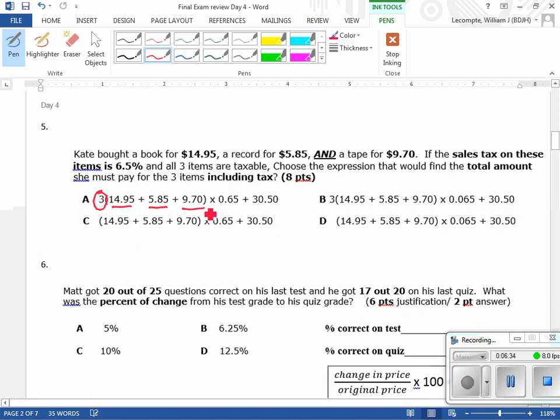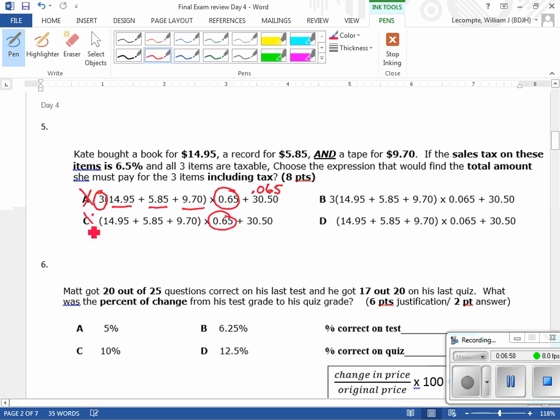Okay, I only bought 3 items. Well, that gives me 9 items, so it cannot be A. And also, this is not the right percentage anyway, because it's 6.5%, and so that looks like that, 0.065. So the same thing is wrong with letter C.